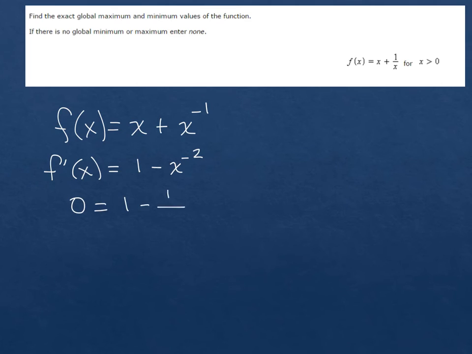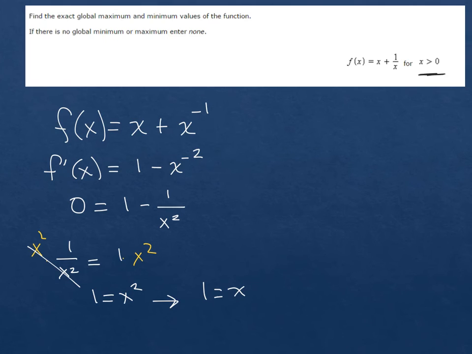I'm going to go ahead and move that to the denominator. If I add 1 over x squared to both sides, I get this. If I multiply both sides by x squared, I get 1 equals x squared. When I square root both sides, I get plus and minus 1, but it said for x greater than 0. So I ignore the negative 1.